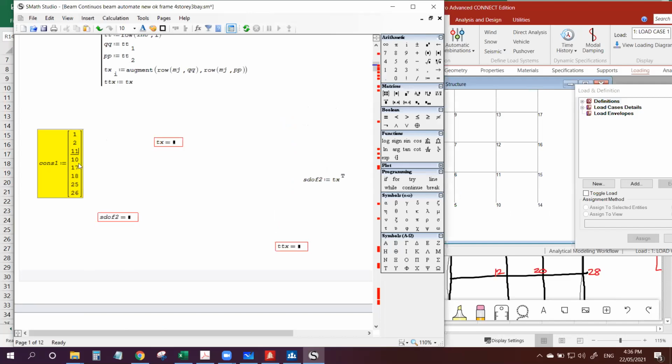So this is 11, 12, 14, 16, 18, 20, 22. Then 21, 22, 24, 26, 28, 30, 32, 31, 32.